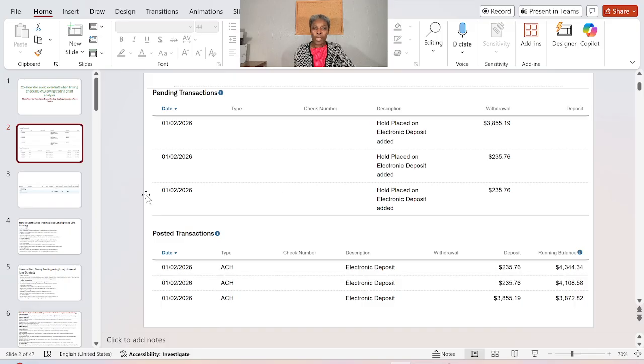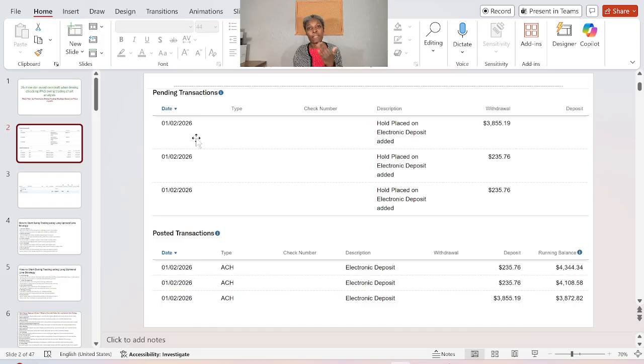Once you transfer to your brokerage account, for instance, I did this transfer on the 2nd. It was during the weekend, and they told me the transfer date would be on the 5th, which is Monday. Today is January 8th, 2026. They say the transfer date is January 5, 2026, which was Monday.